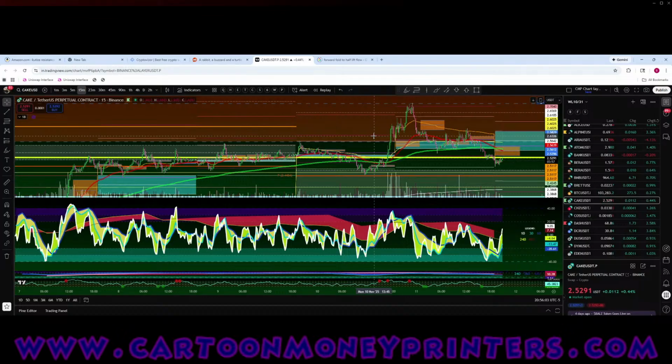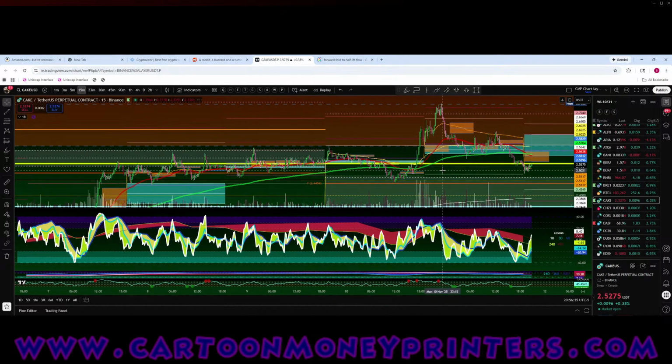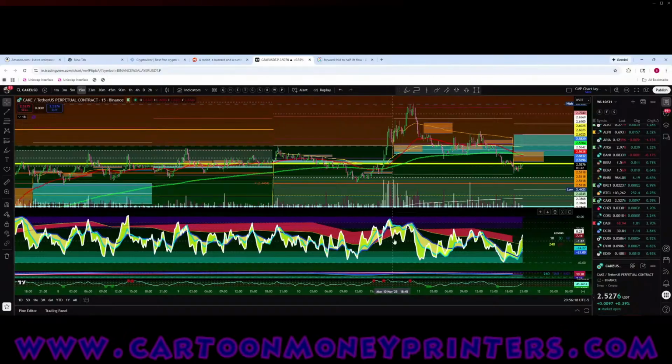One of the guys in the group called for a short right around here. When I saw that, I was noticing the red ribbon, which is a combination of the 4 and 8 hour. You can throw the 6 hour in there as well. It doesn't matter because the 4 and the 8 are going to be on either side of the ribbon anyway.